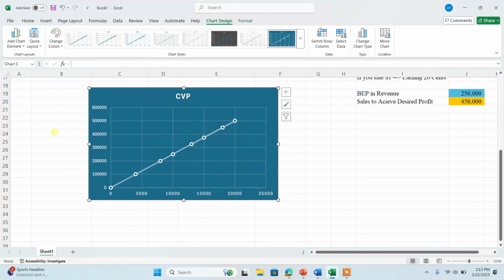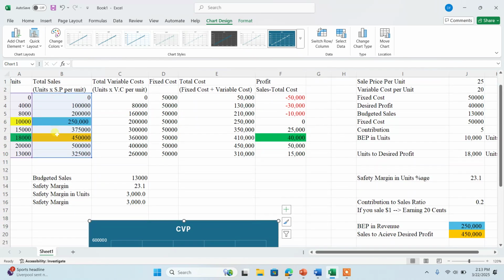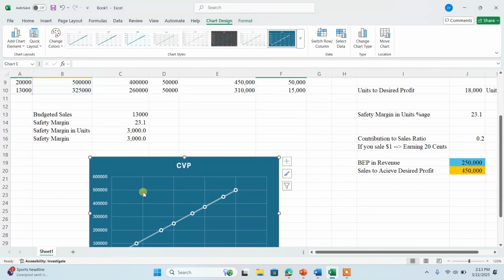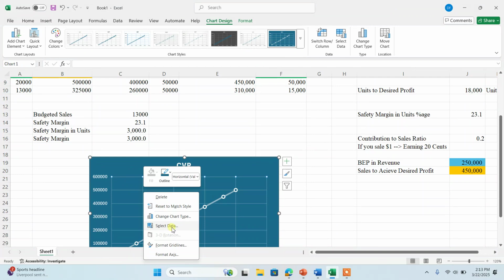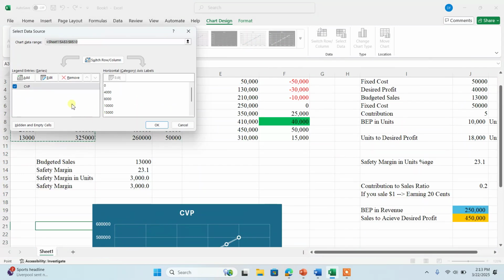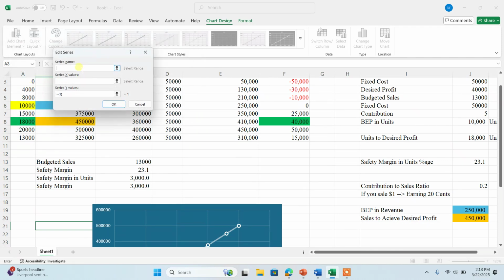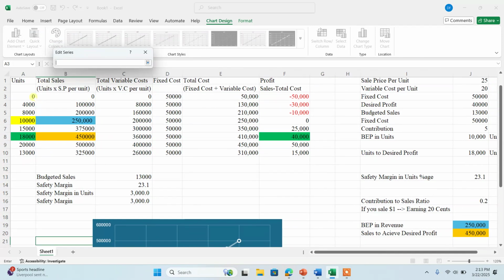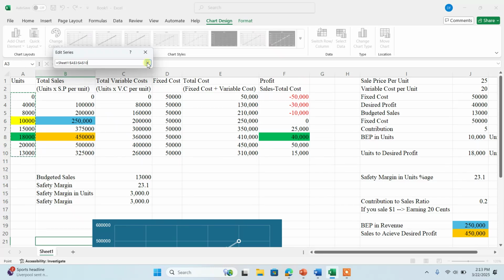Now let me compare this with the total cost also to find out the profit area. On the x-axis, I have the number of units, and on the y-axis, I have total cost.